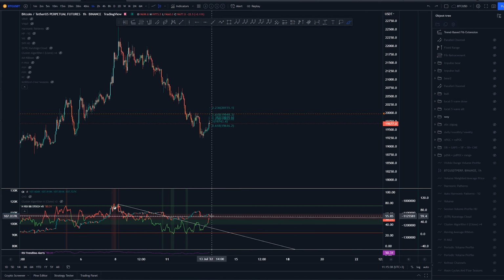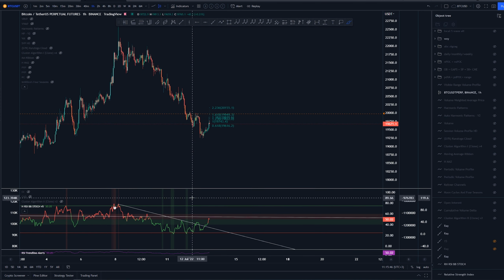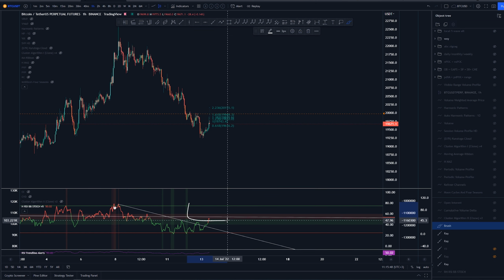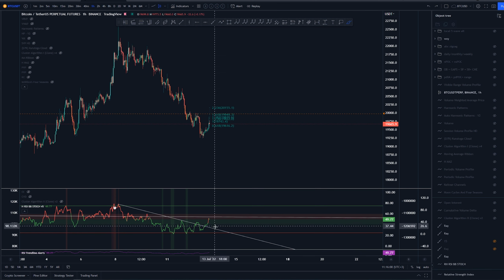But again, now we are back at the very area of this bearish zone, which is anywhere above the 40 RSI area. So if we are going to be taking a rejection here, again, we can confirm more bearish action to come.